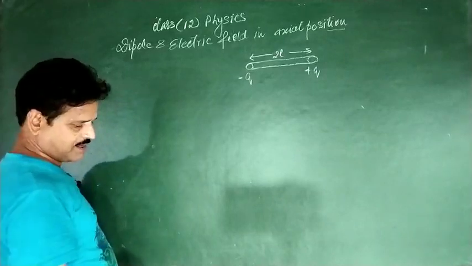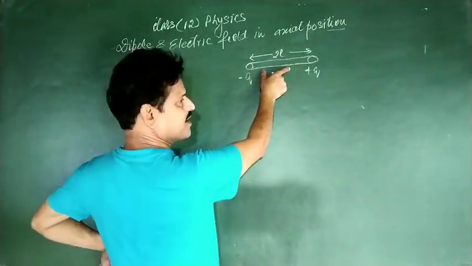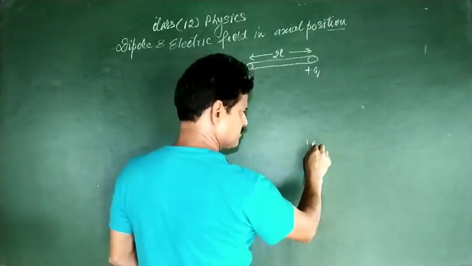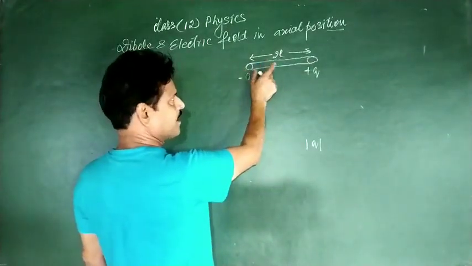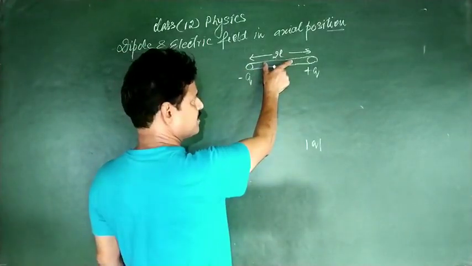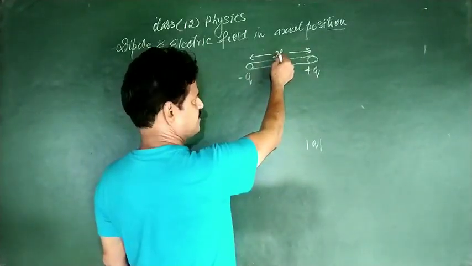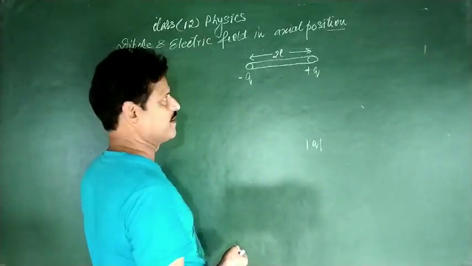Here our assumption is that this system is a dipole because it contains the mod q charges on its ends, and the displacement between the charges is very small with respect to the point where we have to evaluate the electric field.